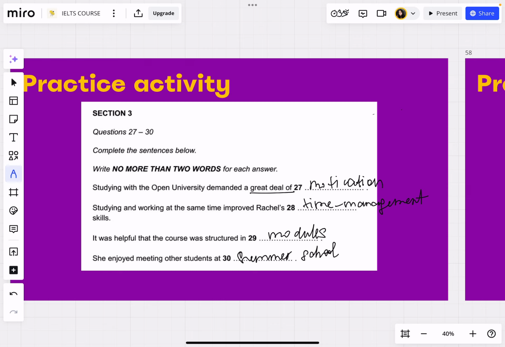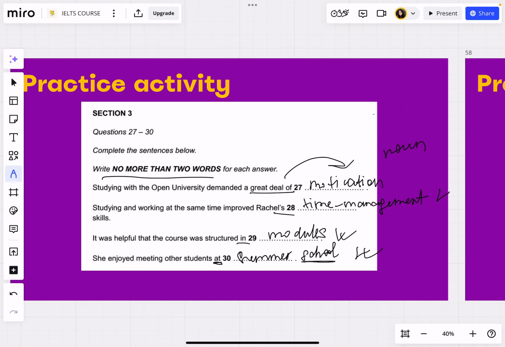So first of all, we need to make sure no more than 2 words. Yeah, everything is good. And the next one is a great deal of motivation. Yeah, it required a noun. It's a noun now. Rachel's, it's a noun. In modules, yeah, it's a noun. At school, yeah, grammatically correct.